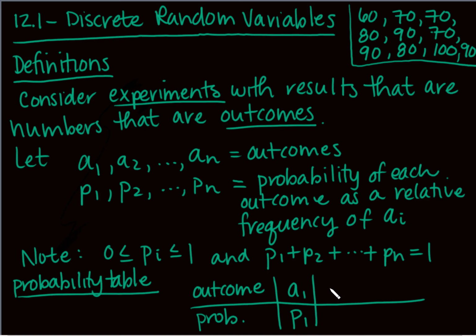We'll say P1. Another outcome A2, what is its probability? P2. I know this isn't technically a table, but that should definitely be an A sub n and P sub n. So that's kind of the start of this.